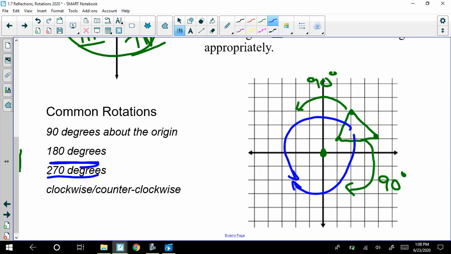And then 270 degrees is going to take us all the way around to the next quadrant next to it. So 270s and 90s are very similar because you're going to end up in the next quadrant over. So each quadrant is 90 degrees.